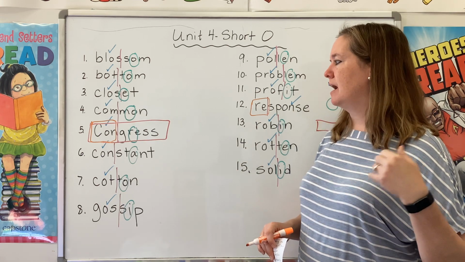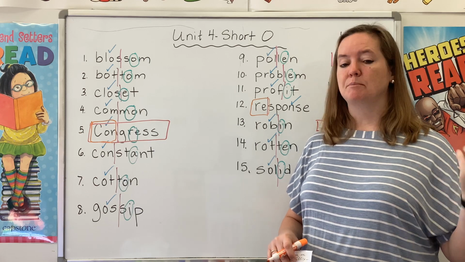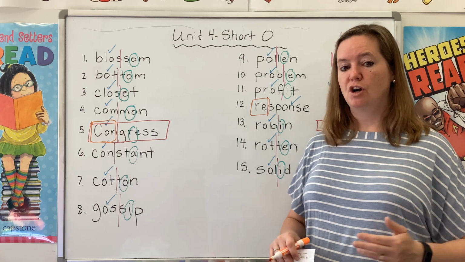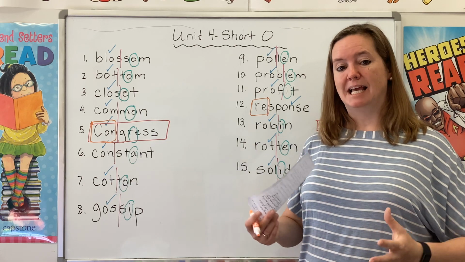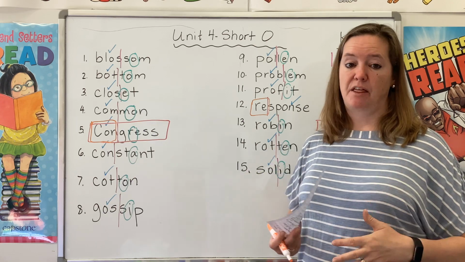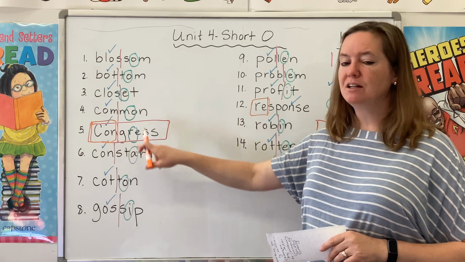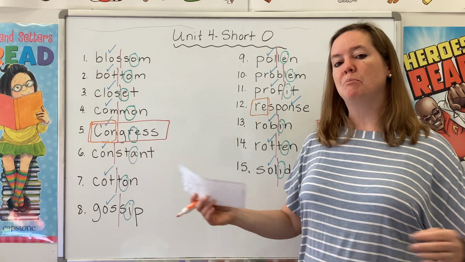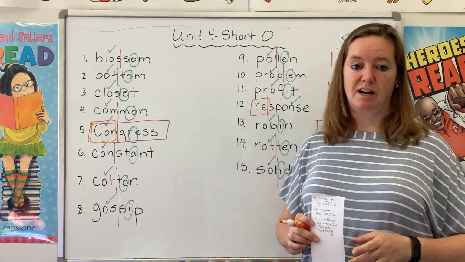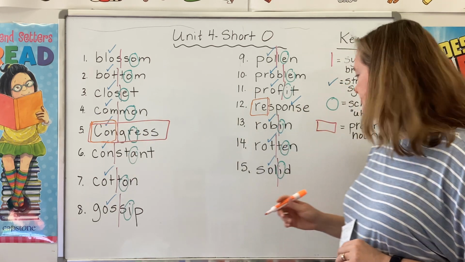Sometimes it is con, sometimes it's com, sometimes it's col, and sometimes it's co. But all of them together represent a prefix that means together, or among. So if we think about a Congress, it is a group of people that come together to make laws for our country. So that's why that prefix fits nicely there.